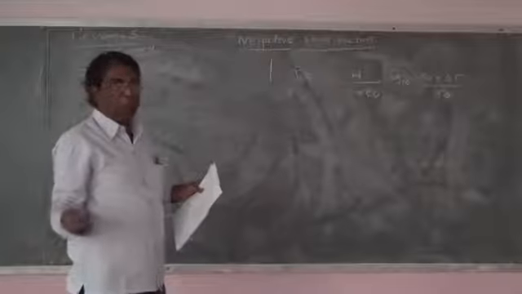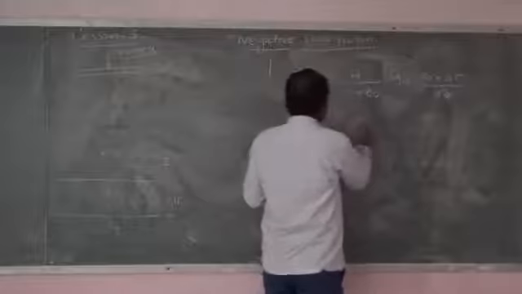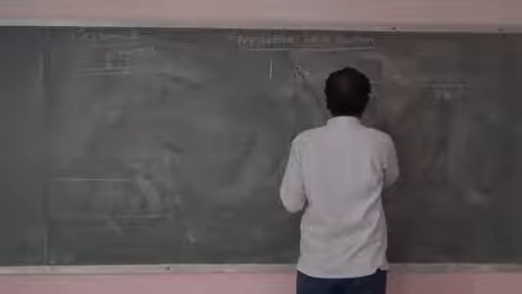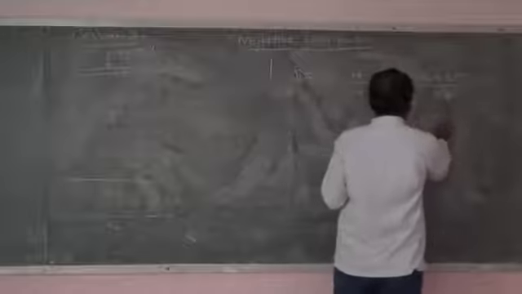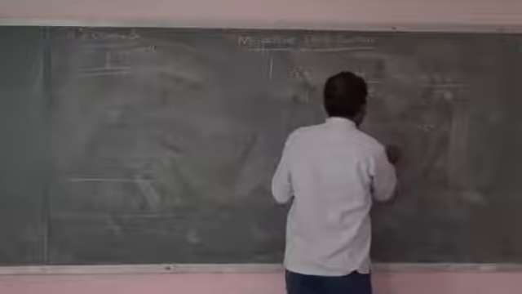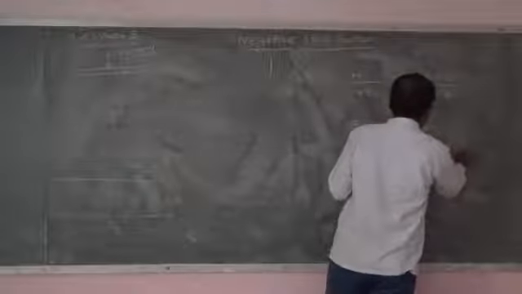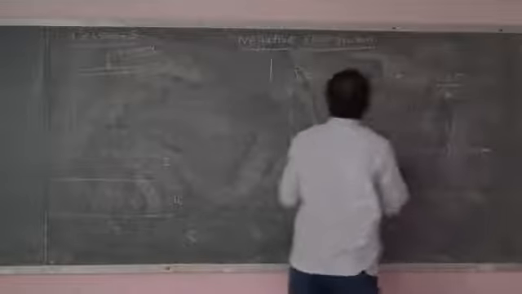Anyway, once again I will repeat. Now you see how Cc can be found: Cc is equal to 0.009 into (WL minus 10). The liquid limit is given as 16 in the problem, minus 10. If you simplify this, you will get 0.45.